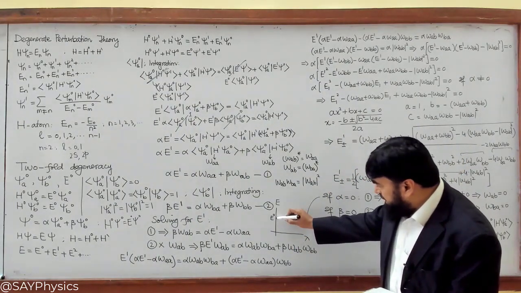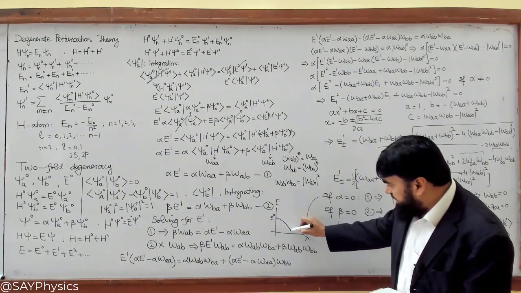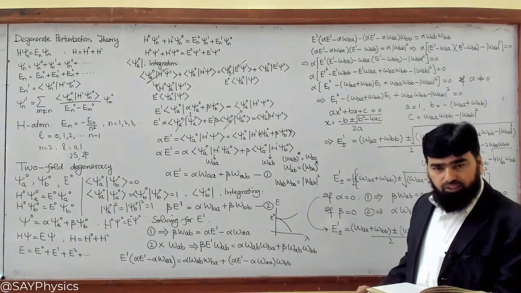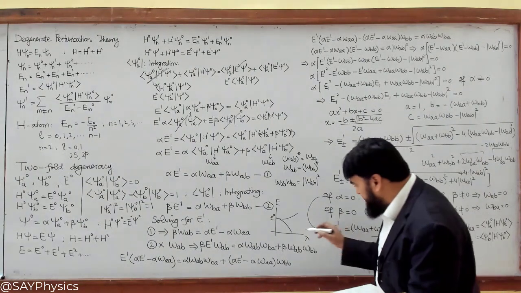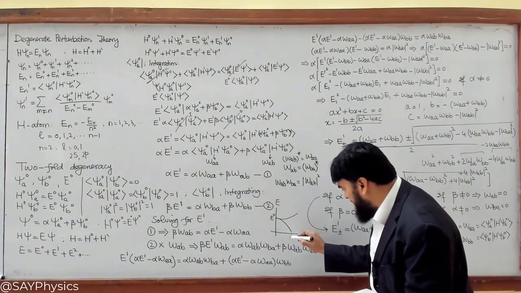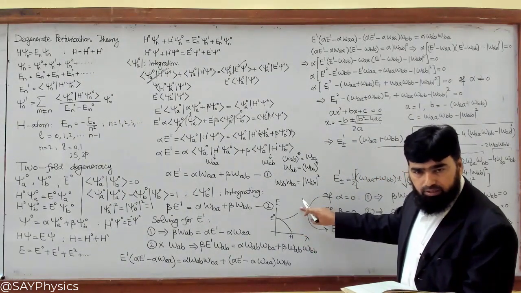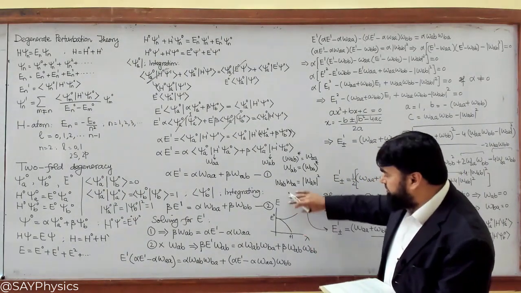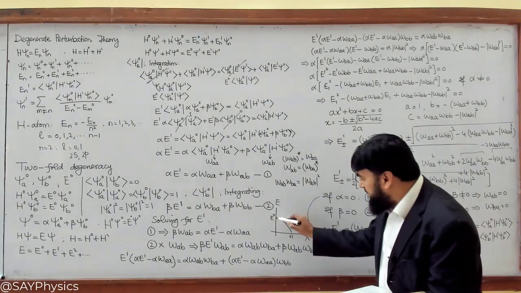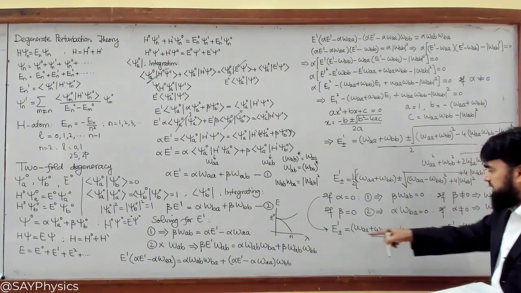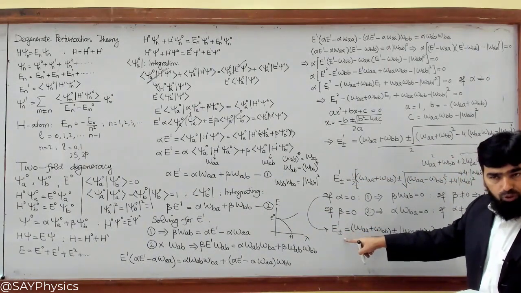But as we applied the perturbation theory, then they split it like this. And it has become plus 1 here, and minus 1 here. Right? Means you have split the level. This level was coming as 1, but the perturbation just split it into two values.